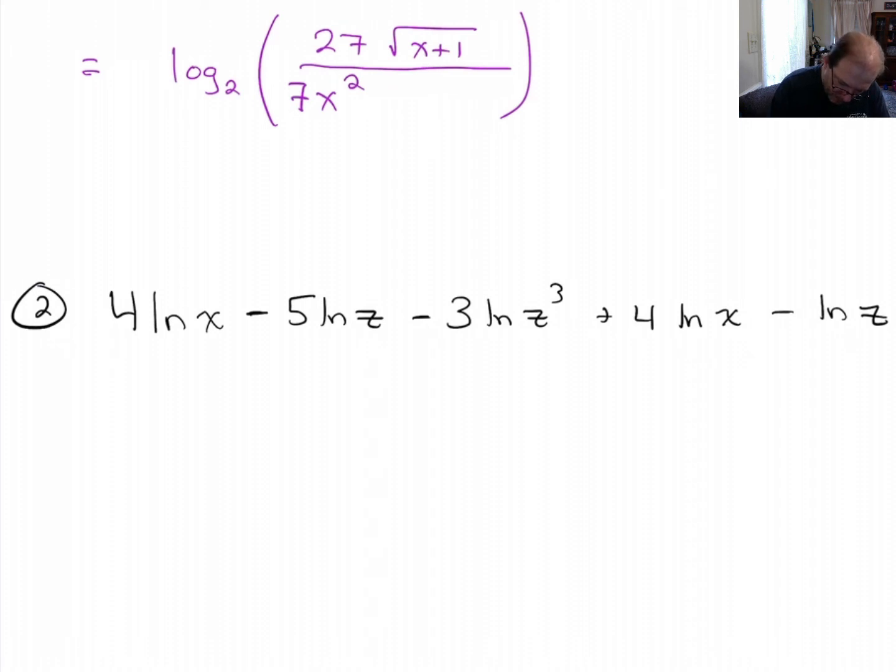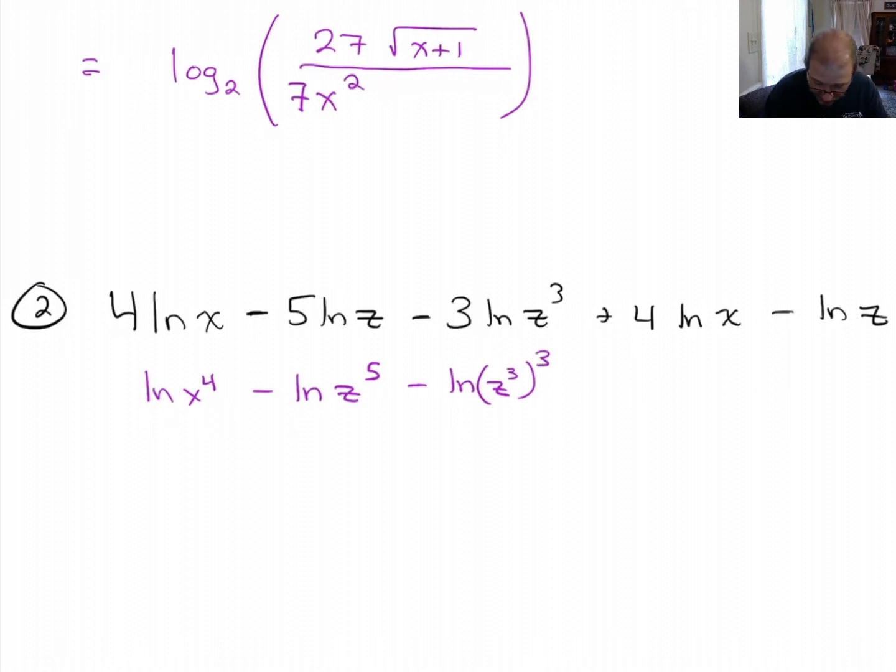We get natural log of x to the 4th minus natural log of z to the 5th minus natural log of z to the, let's see, tell you what, let's write it like this. 3z cubed raised to the 3rd, that'll give us z to the 9th. Then natural log x to the 4th, then minus natural log of z.